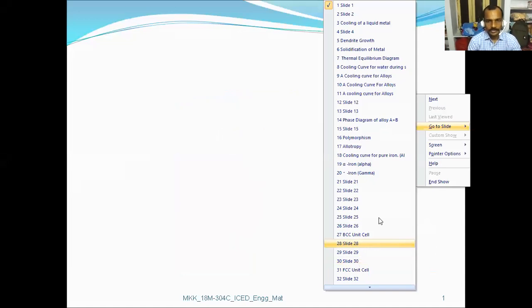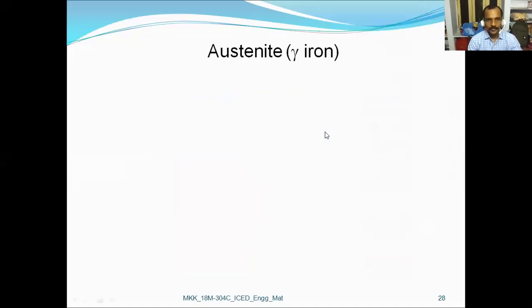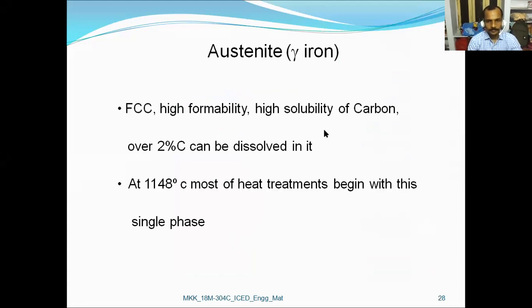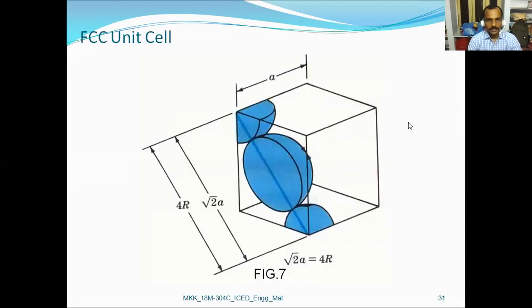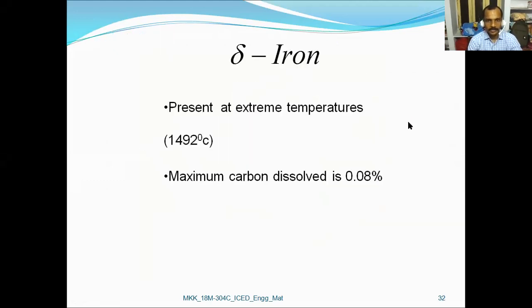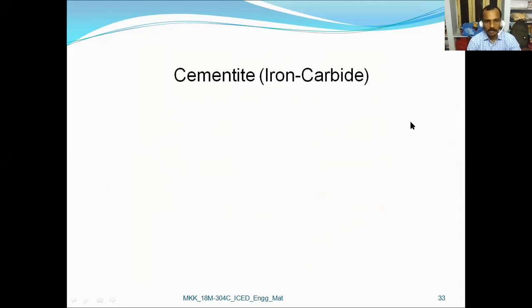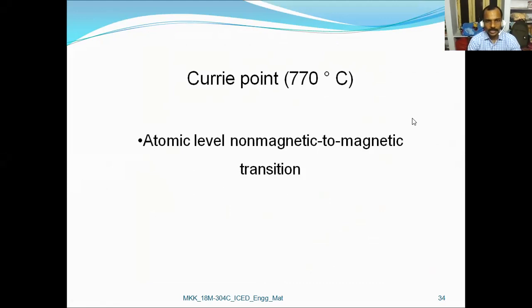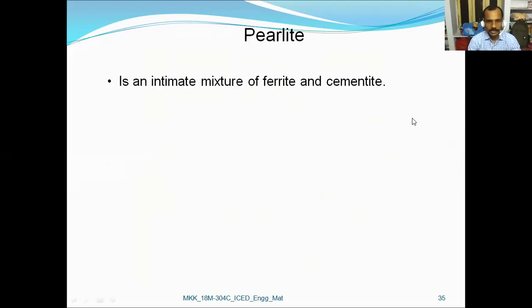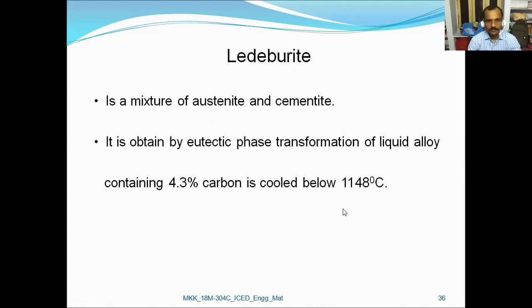Here we are discussing the austenite, FCC structure and the unit cell. Delta iron, and cementite, nothing but iron carbide, we have discussed. Curie point, pearlite, a composition of ferrite and cementite, and ledeburite, a composition of austenite and cementite, having 4.3% carbon, cooled below 1148 degrees centigrade.